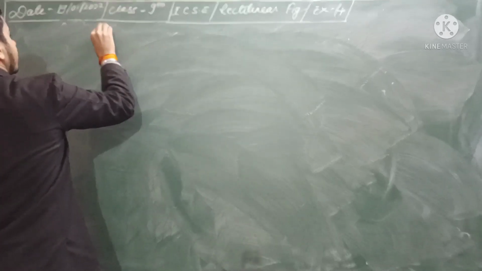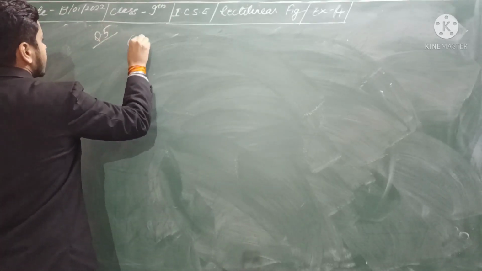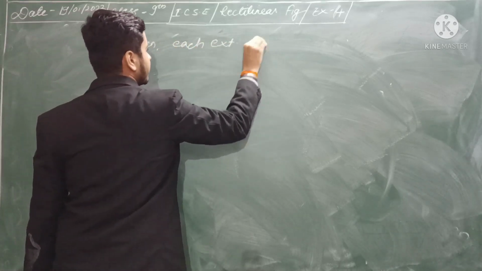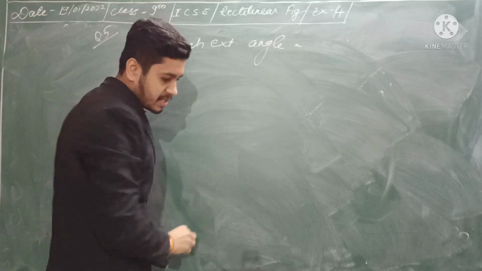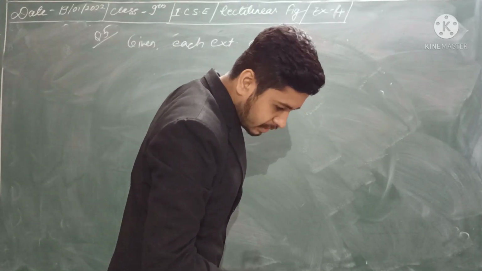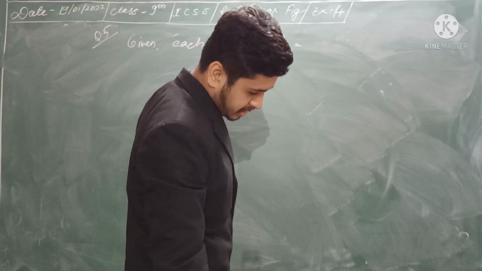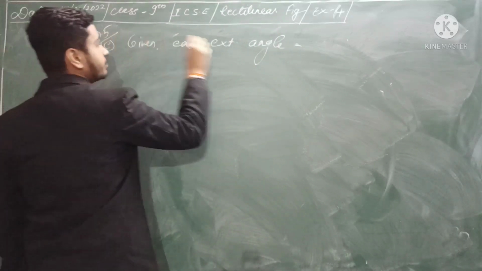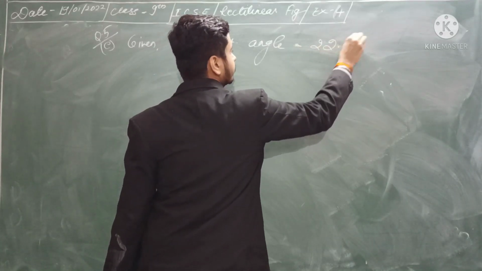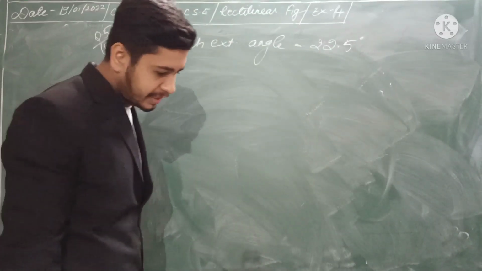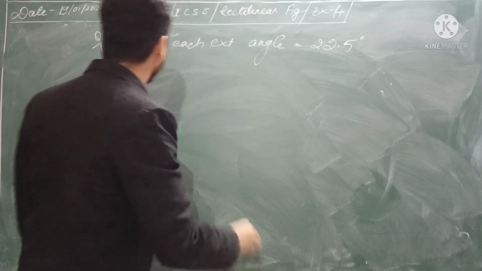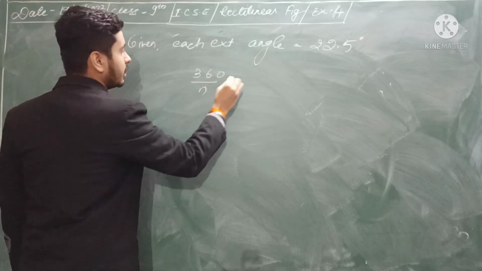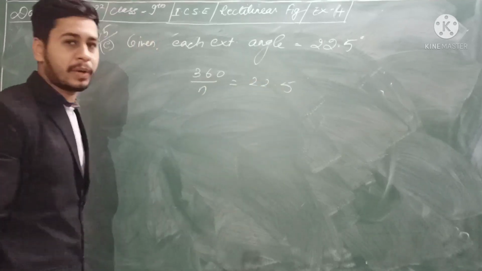So question number 5, given each exterior angle is equal to, let us take question number E, 22.5 degrees. Let us take this question. We need to find the number of sides. So this is 360 upon n, and this is equal to 22.5 given to us.